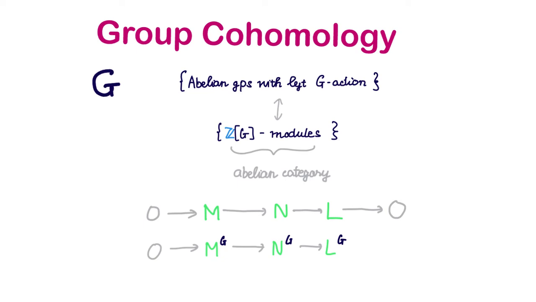More specifically, given a short exact sequence of G-equivariant maps of ZG-modules, we can look at the induced map on the G-invariant submodules. Now, since L here is just the quotient of N by M, we might expect that the G-invariant submodule of L is just going to be the quotient of N^G over M^G. But unfortunately, that turns out not to be true.